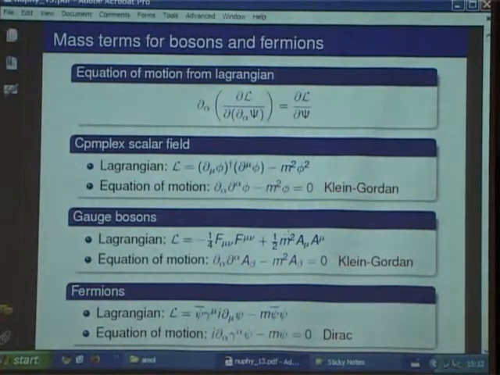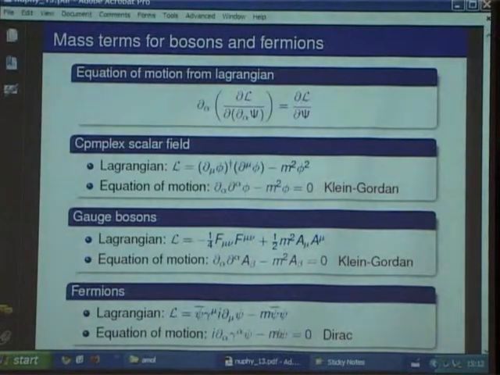If it's a fermion, the Lagrangian is this, and it will give you the Dirac equation of motion, which is exactly what it is. Again, this is something you have to do. So how do you find the mass of a fermion from the Lagrangian? Look for the coefficient of psi bar psi. The coefficient is minus m.